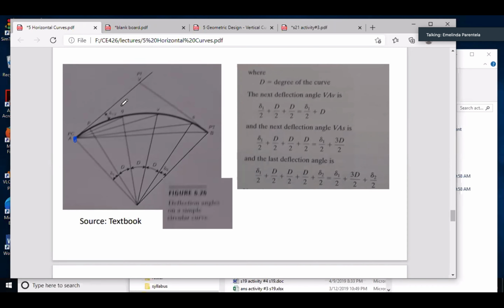And in order to lay that out, what you'll need is the angle, not this angle, but this angle right here, which is equivalent to your alpha 1 over 2 plus d over 2 plus d over 2, and so on. So the total angle from the PC to the PT is equal to delta over 2.